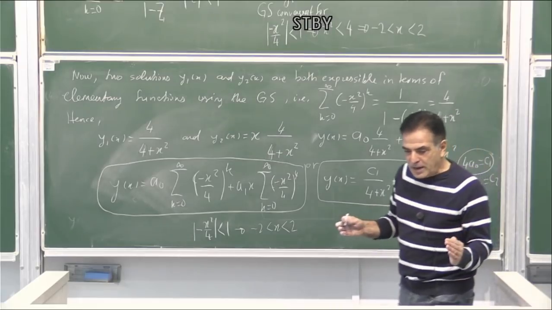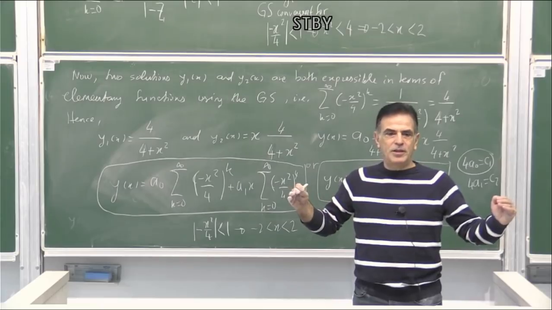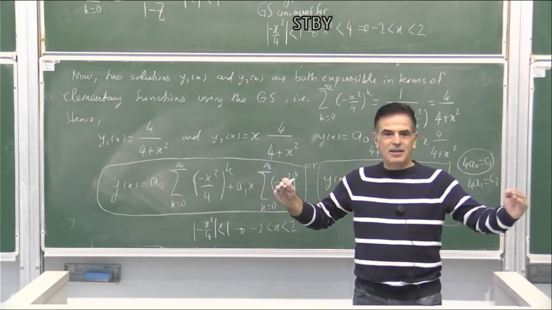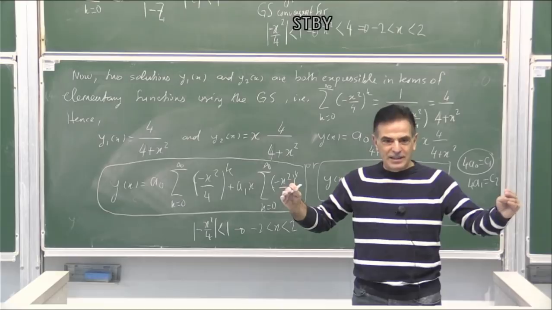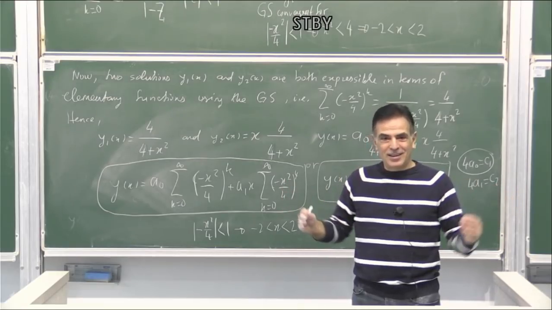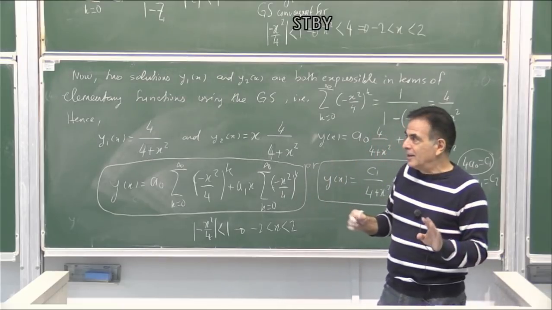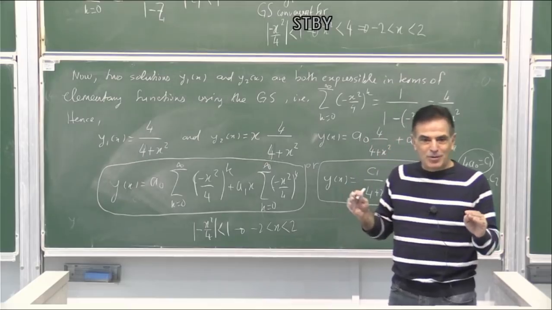If you recall the basic existence uniqueness theorem, there is no singular real point. So we expect that the two solutions are valid throughout R.